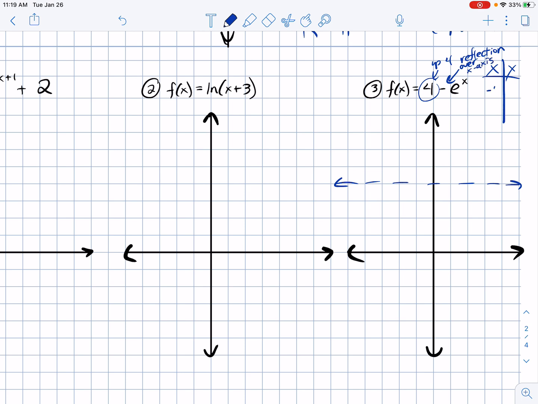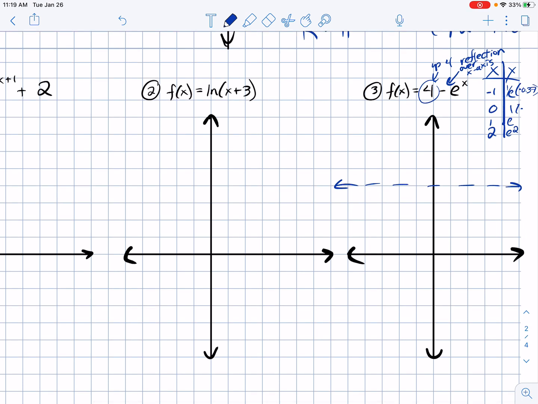So we would plug in negative 1, 0, 1, and 2. Negative 1 gets us 1 over e. 0 gets us 1. 1 gets us e, and 2 gets you e squared. Now just remember, these all become the opposite. So this is negative 0.37.